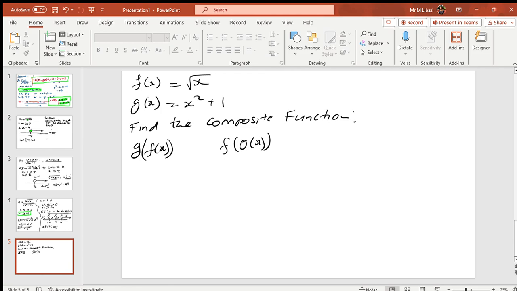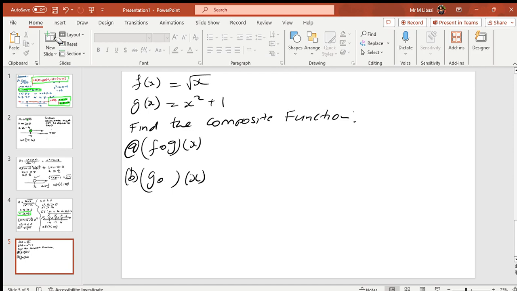Some people do not know composite functions. A composite function, you will be given it like this. They would say find number a, f of g of x, number b, maybe they would say g of f of x.